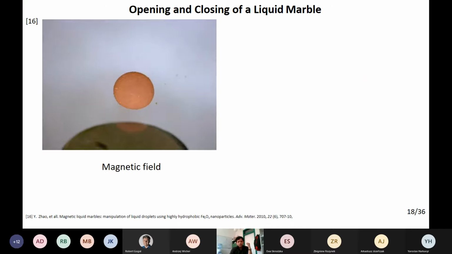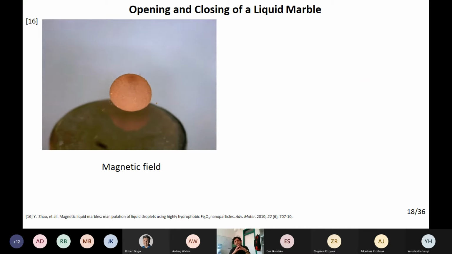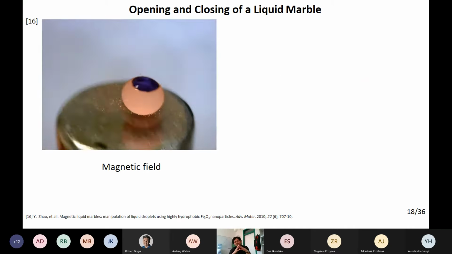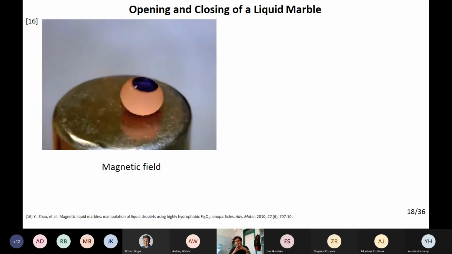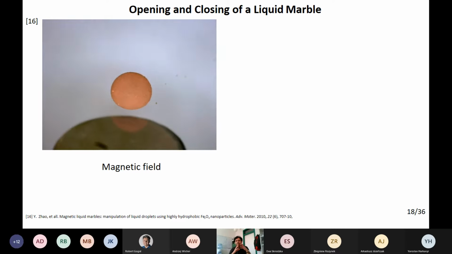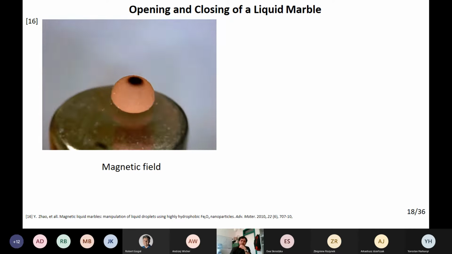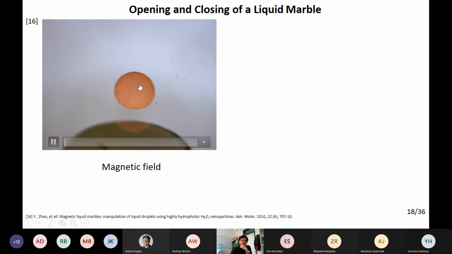They used magnetic liquid marbles. They opened and closed the particle shell by using a magnetic field. In the presence of the magnetic field, the liquid marble opens from the top of the droplet. When they remove the magnetic field, the particles cover the whole droplet.